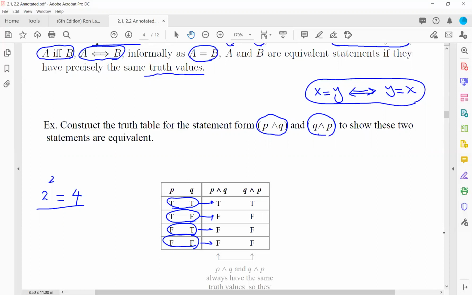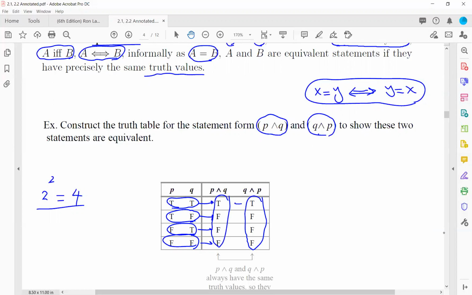Now I want to form this new statement, Q and P. So true, true, of course true. False and true, of course false. True and false, it is false. False and false is false. Do you have the exact truth values?